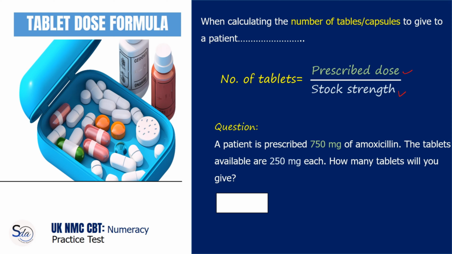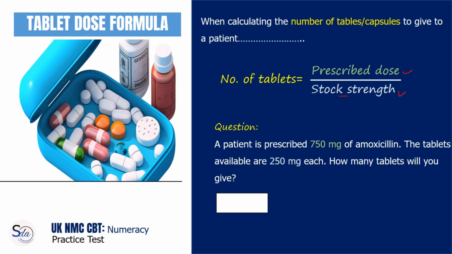I'm going to explain, so that it's much easier for you to fish out those items in the question. When we say the prescribed dose, what we mean is the number of tablets or the amount of medication the doctor wants you to give to the patient, and the stock strength is the strength or the form of dosage with which the tablet comes.